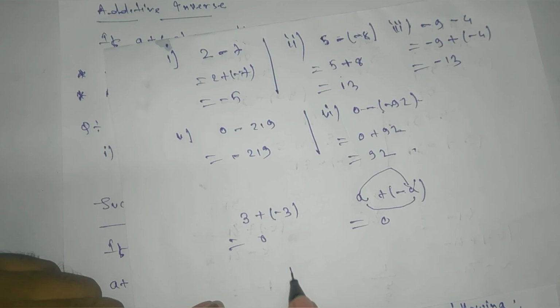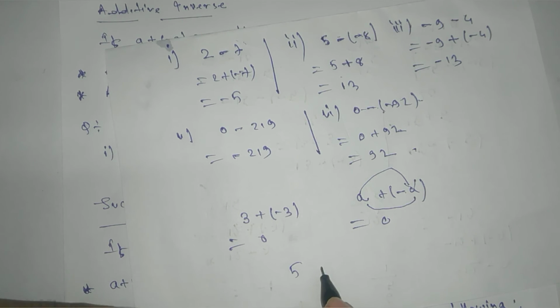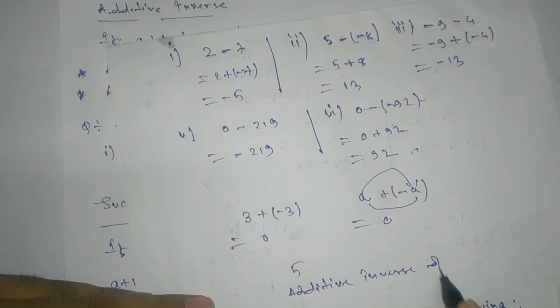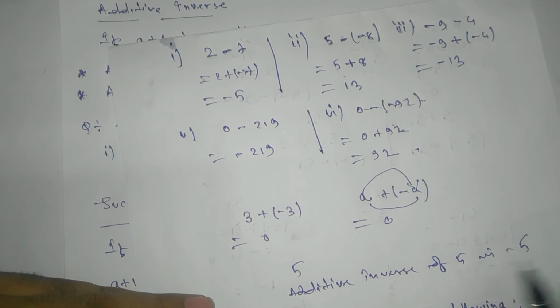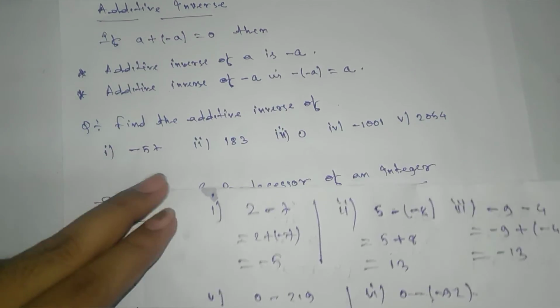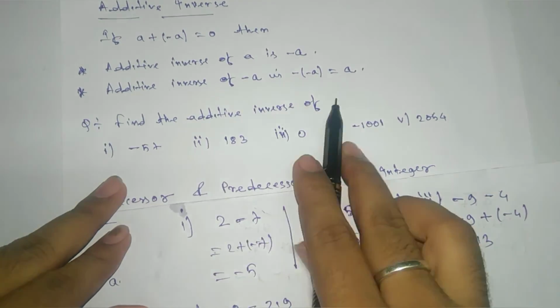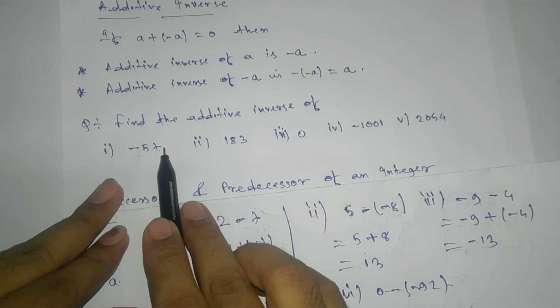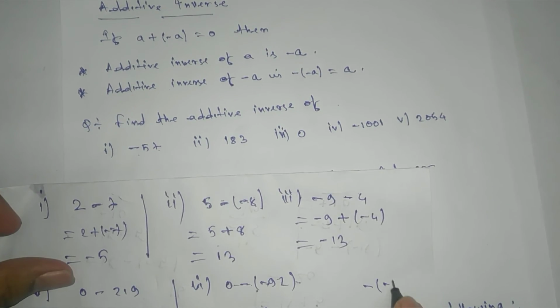Like if I give you 5, and ask you what is the additive inverse of 5, we'll write additive inverse of 5 is -5. Here you can see the problem, find the additive inverse of -57. So additive inverse of -57 equals minus of -57. This will give you minus minus plus, that is 57.